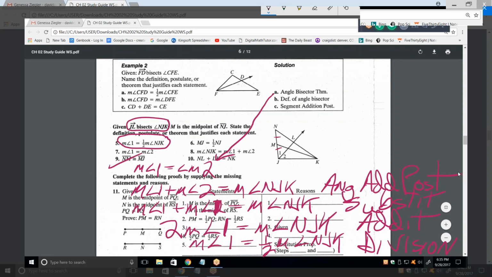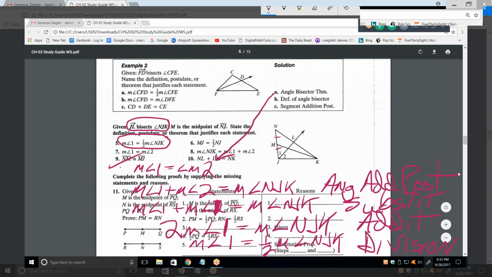So what do you figure they're looking for here? Do you have answers on these? No, I do not. Seems to me like we need a lot of definitions, postulates, and theorems to answer that. I needed 5 of them.